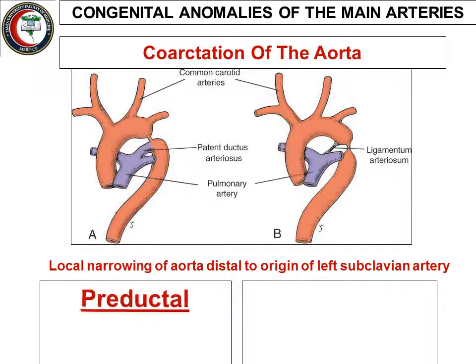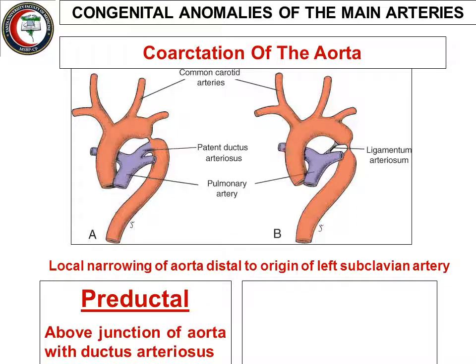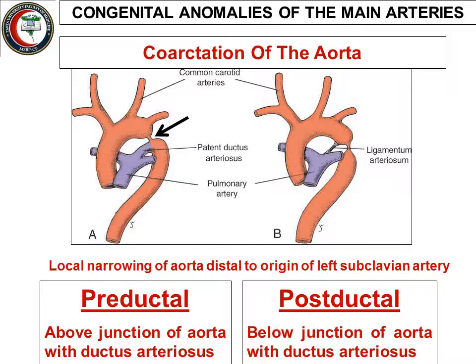It may be preductal, just above the communication with the patent ductus arteriosus, here above the junction of aorta with ductus arteriosus, or postductal, just below the junction of aorta with ductus arteriosus, which is now called the ligamentum arteriosum.